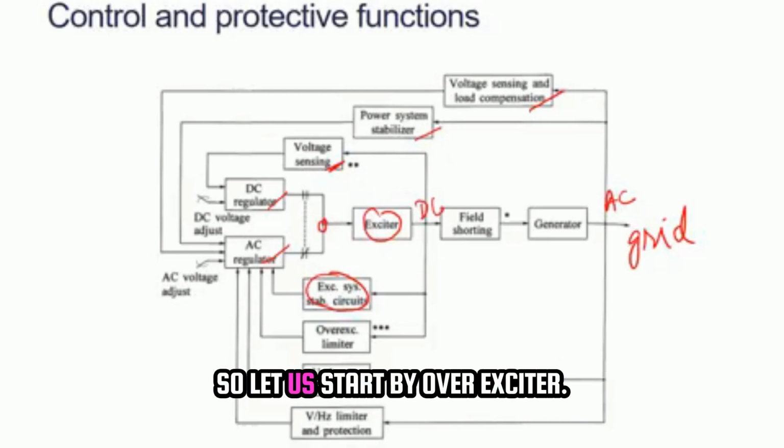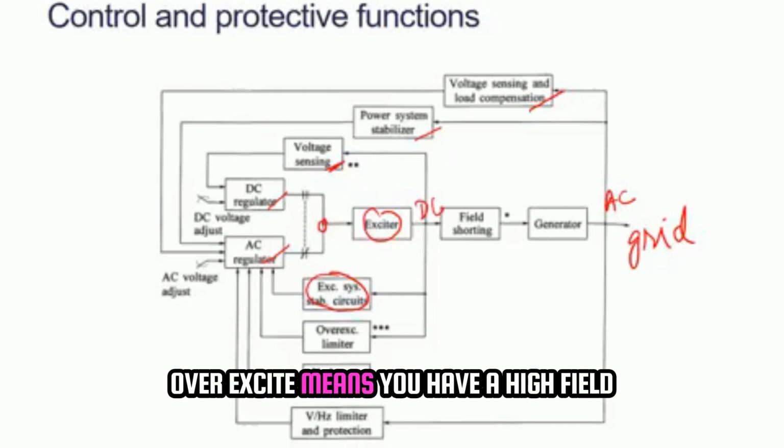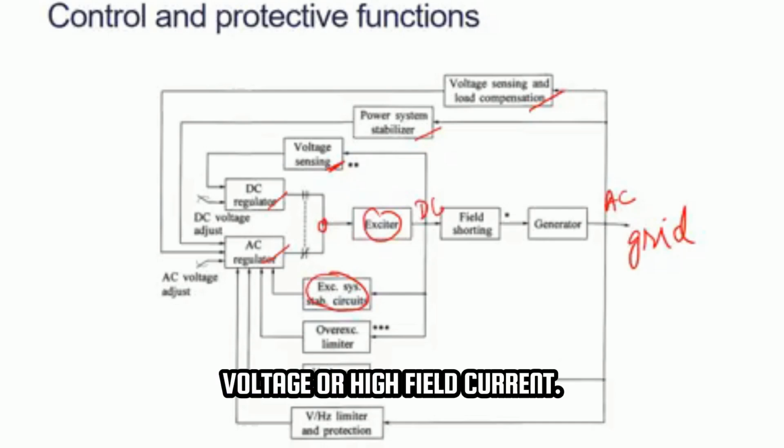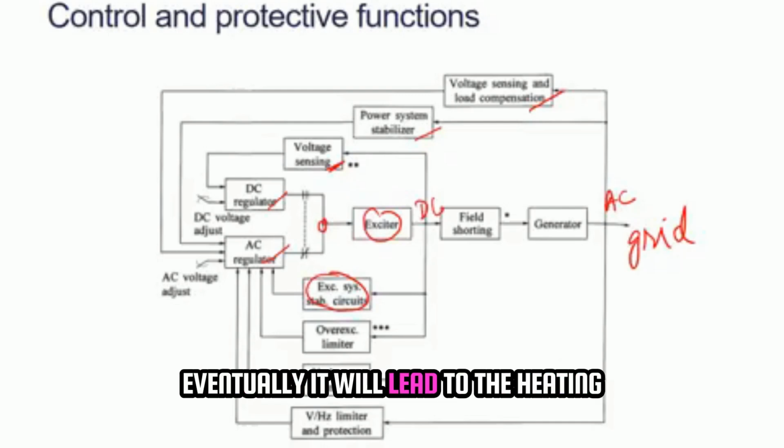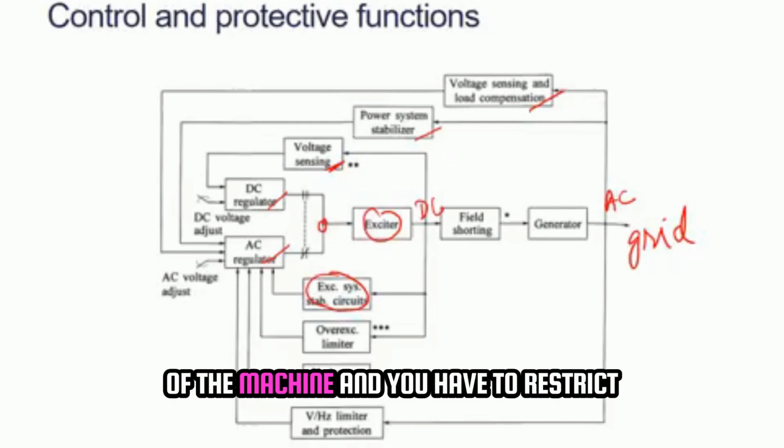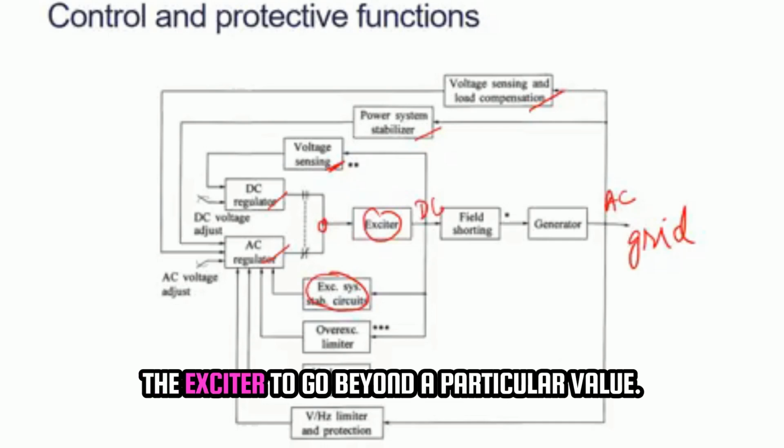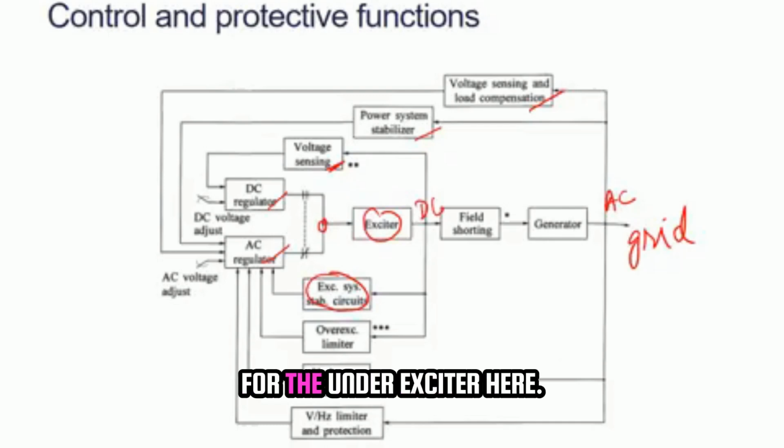Let us start with the over exciter. The logic is the same: if you over excite the system, meaning you have a high field voltage or high field current, it will eventually lead to heating of the machine, and you have to restrict the exciter from going beyond a particular value. The same logic is there for the under exciter.